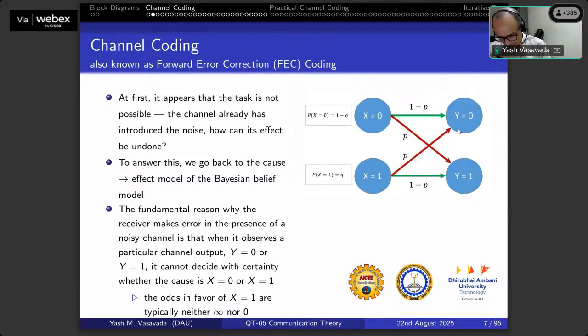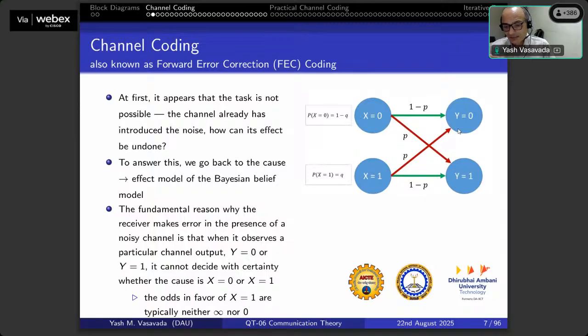If p is, let's say, 0.1, then if you are transmitting 1000 bits, on average about 100 bits will get flipped. Another 900 bits may come out fine.